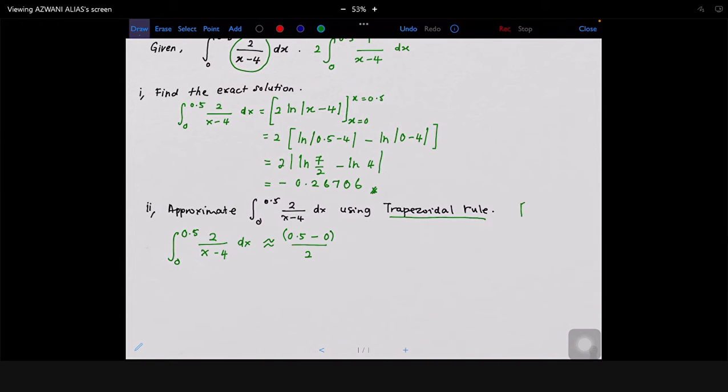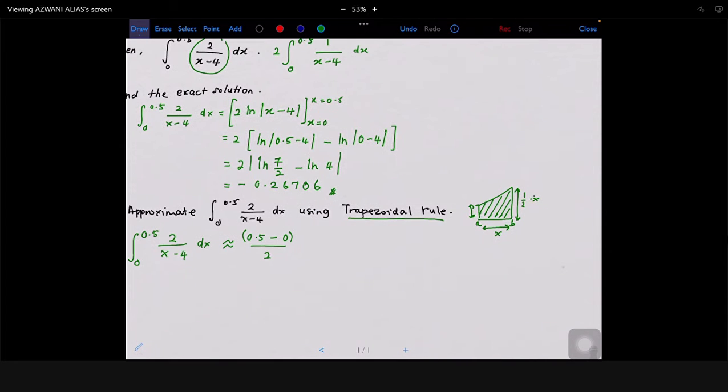Kan? Ingat how to find the area of the trapezoidal rule. So this is A, this is B. So the area adalah half X darab dengan the ketinggian for both this. So you akan dapat darab dengan X, darab dengan F, let's say FA plus FB.